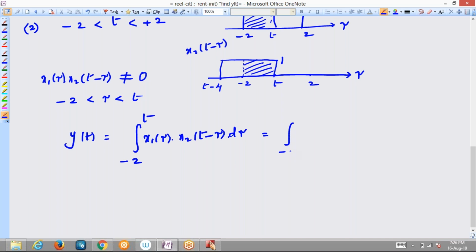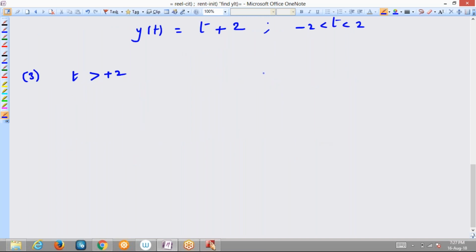Now let us consider the third case: t value greater than plus 2. In this case, consider x1 of tau and x2 of t minus tau. We are considering that t value is greater than 2.